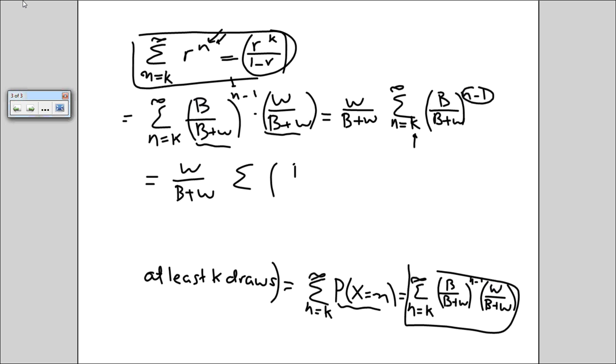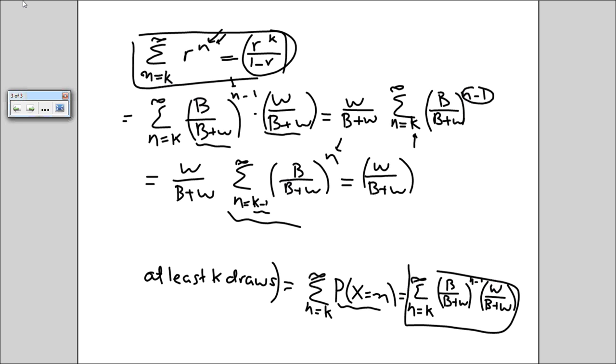If I want the power to just be n, then n should start at k minus 1. When I plug in that value of n in the power, I get k minus 1. And we can still go to infinity. So this is equal to w over b plus w times the summation.